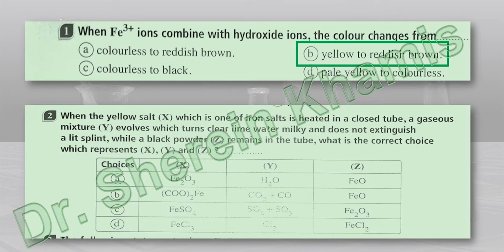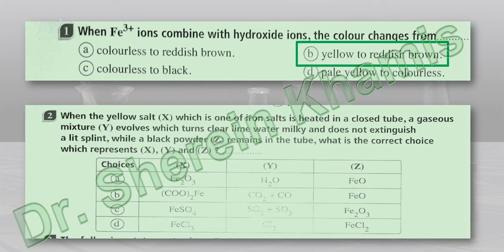We have here yellow salt X. We said before that the yellow salt will be iron 3. Which one of the iron salts here is heated in a closed tube?